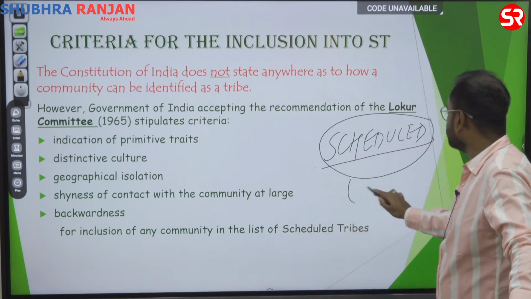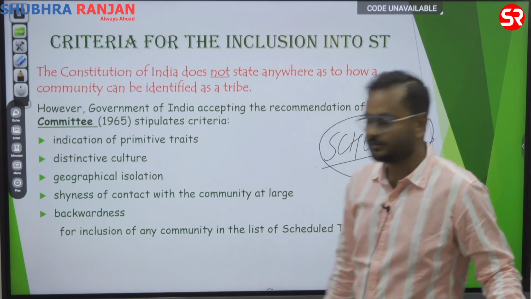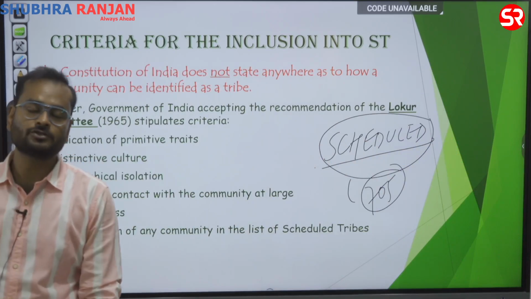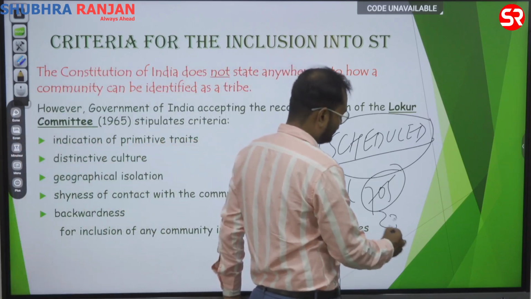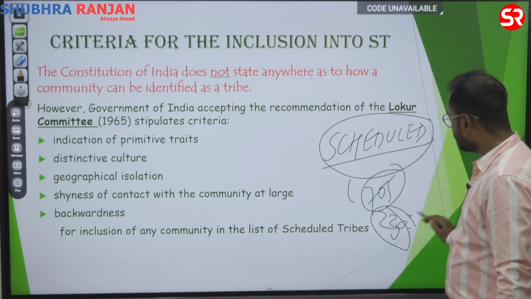Right now its number is around 705, if I am not wrong. At the time of the adoption of the Constitution of India, its number was close to 220, something like 225 or 220. But right now it has risen to 705.